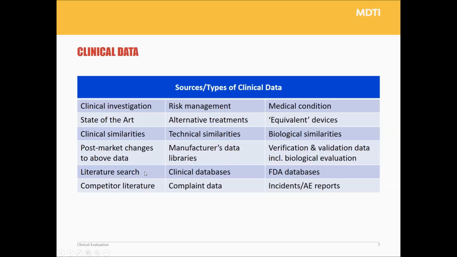Literature search we'll talk more about on a later slide. You'll already have quite a lot of literature in-house, most likely, but is it gathered and is it under your document management system? There are clinical databases out there such as FDA's MAUDE database, clinicaltrials.gov, search MHRA for adverse event reporting, that sort of thing, and recalls. And other FDA databases can be really, really useful.